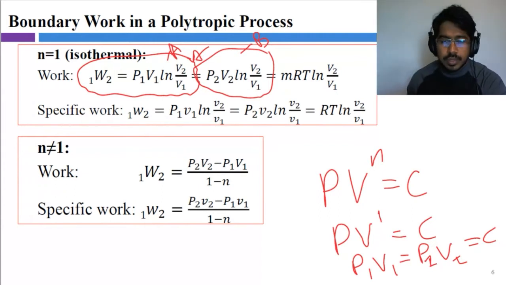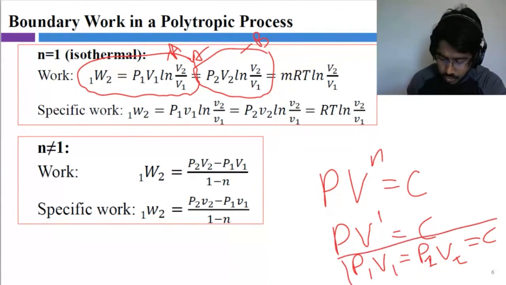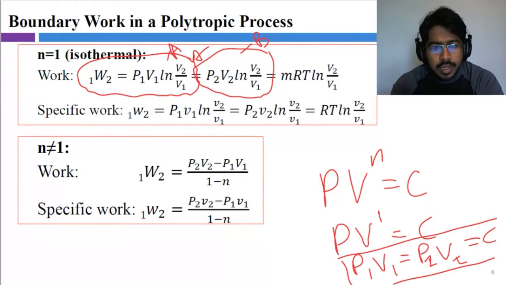So you will understand that we can write this expression, right? So no issues there. And for an ideal gas, we know that we can write the relationships in terms of mRT, right?